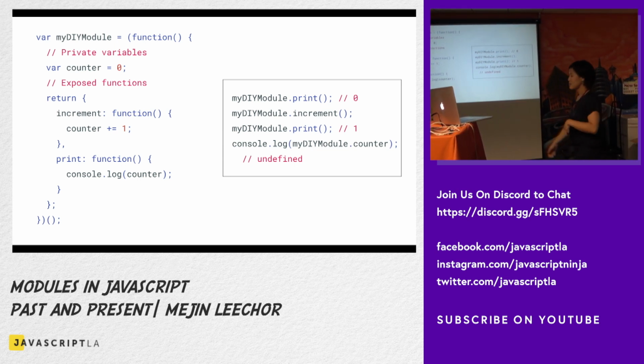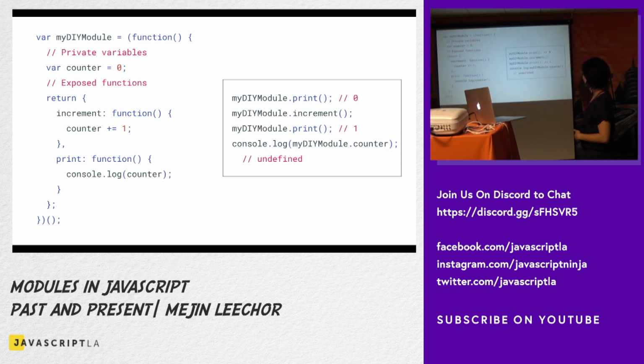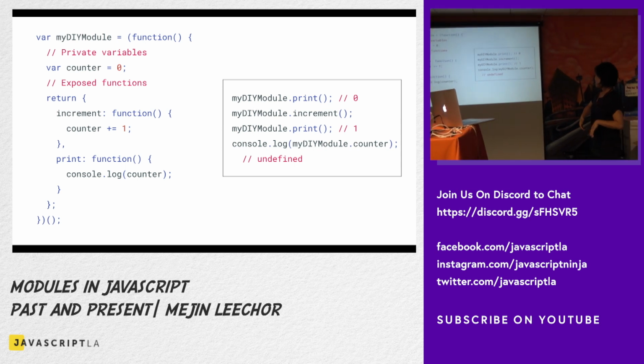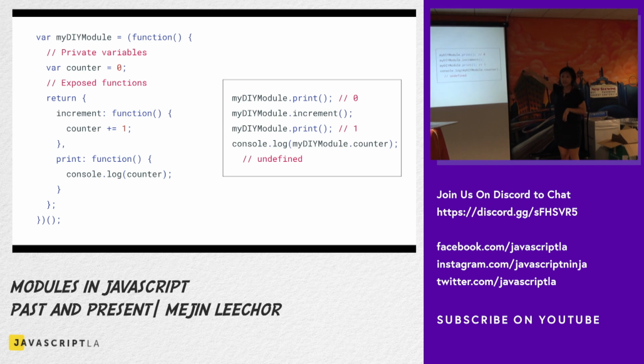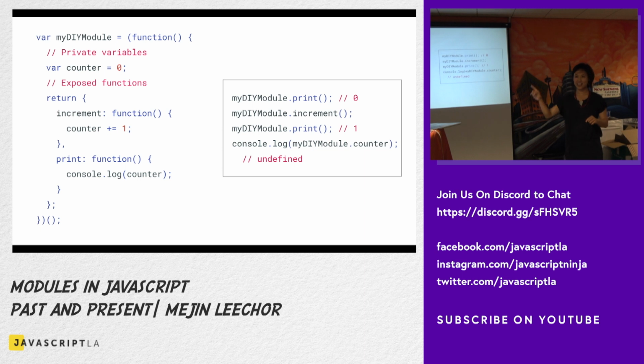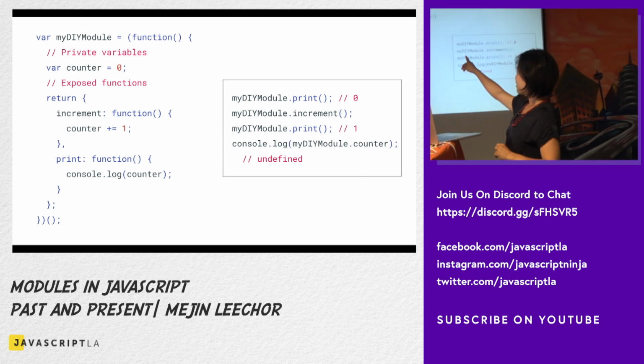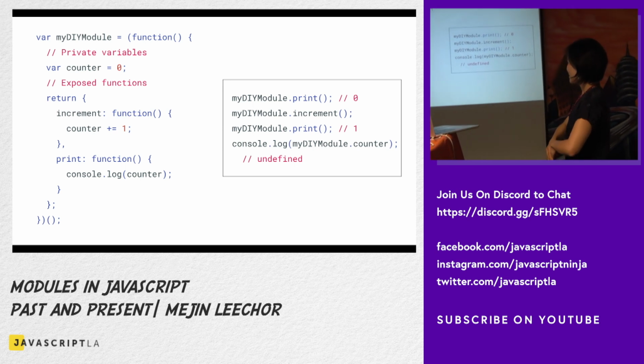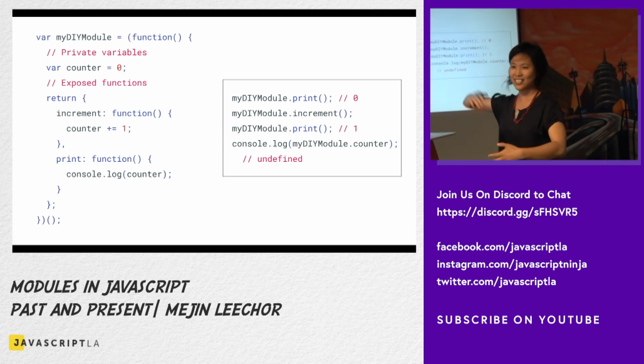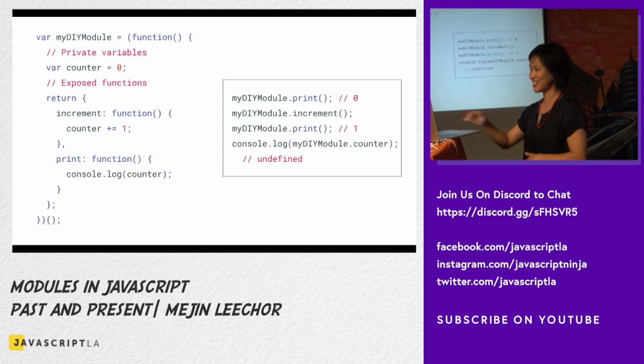And so, as one might expect, you can call the print function and find out what your counter variable's value is at any point. You can call the increment function, increment your counter. If you printed it again, its value is 1, but you cannot access that counter directly. That is the important thing. Thanks to our function scoping, it has lived, it is gone, you can't touch it.